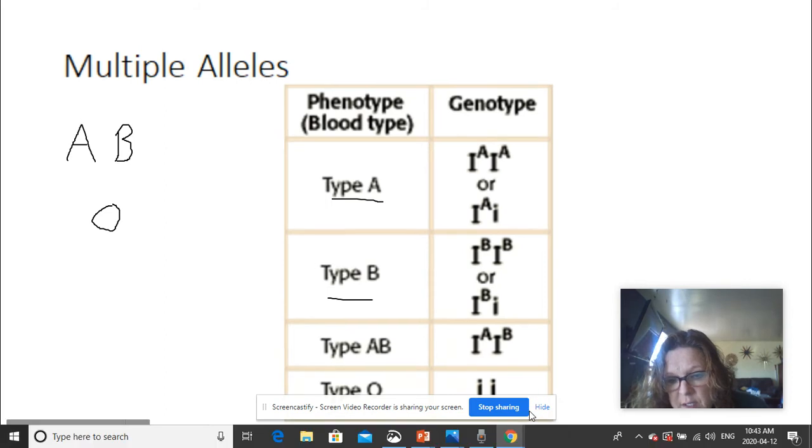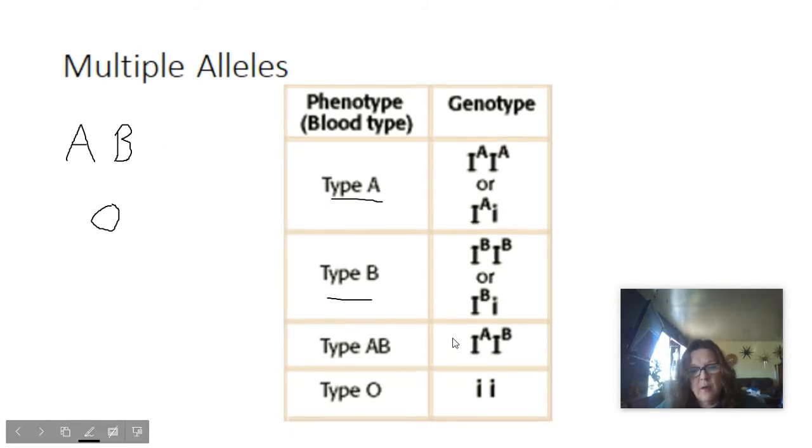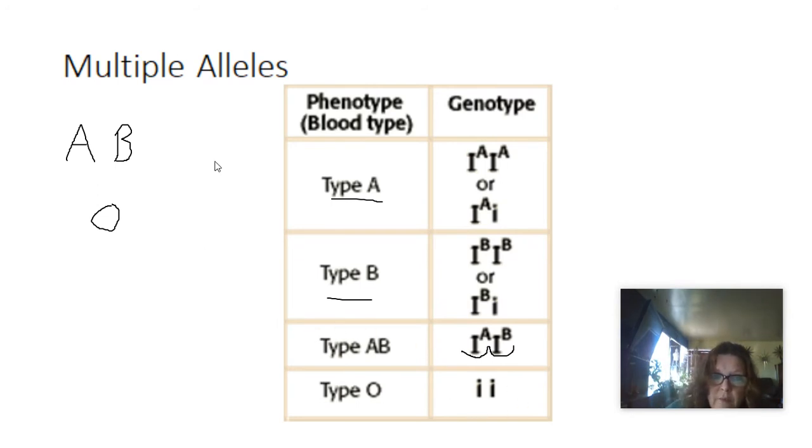Now, this is the situation that I was talking about here, where you got an A from one of your parents and a B from the other, and because they're codominant, neither one is going to dominate the other, so you get a combined phenotype here of type AB. The other possibility is that you get a recessive allele from each parent and end up with type O blood. I would probably pause and take the time to write this chart down because this is somewhat important to you.